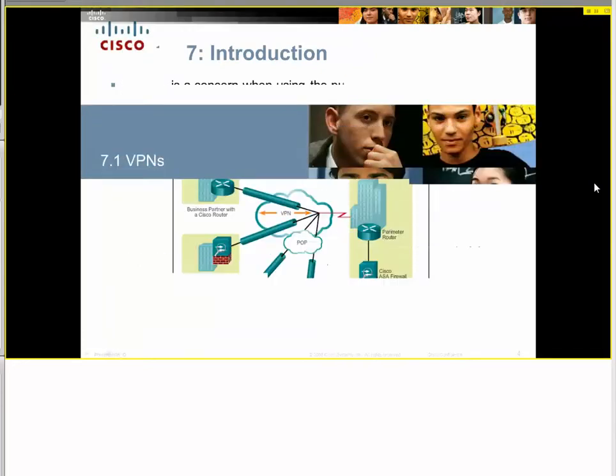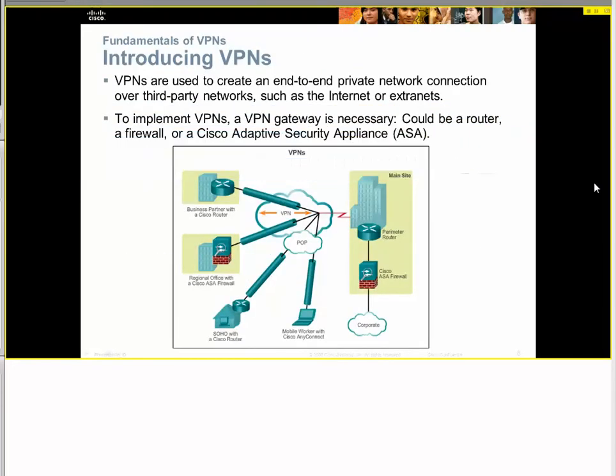So let's start by first looking at a general process of a VPN. A VPN is used to create this end-to-end private network connection, and this connection can be established over any third-party network. So even if you were running over a frame relay MPLS private cloud, or even if you wanted to be extra careful and you did have a point-to-point connection over a leased line, you could still run over a VPN and the data would still be protected.